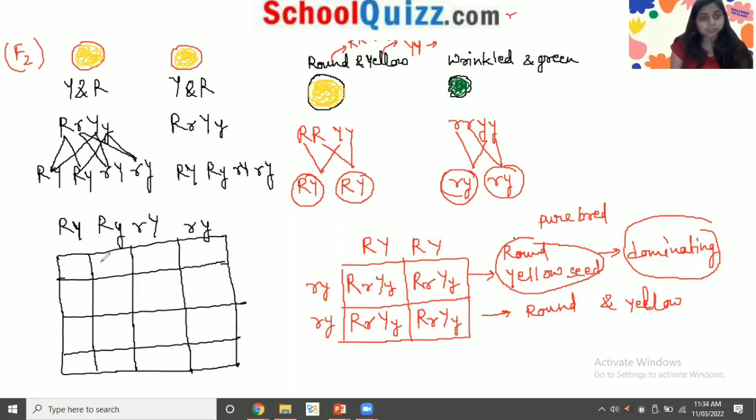And we will take this seed here. So we have capital R and capital Y, capital R and small y, small r and capital Y, and small r and small y. So let's do the combination.